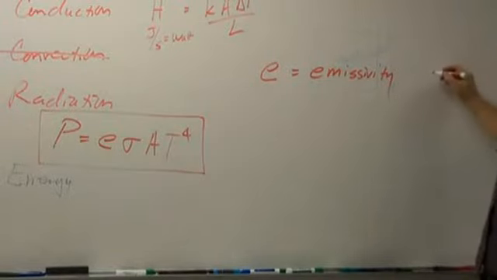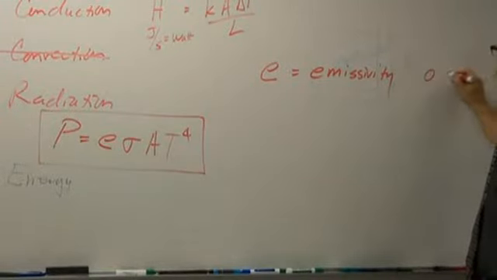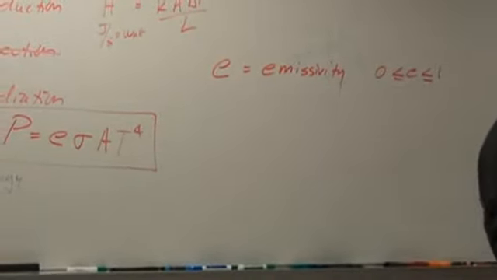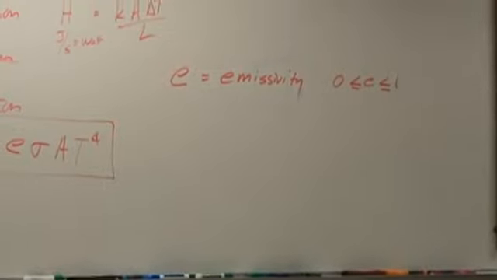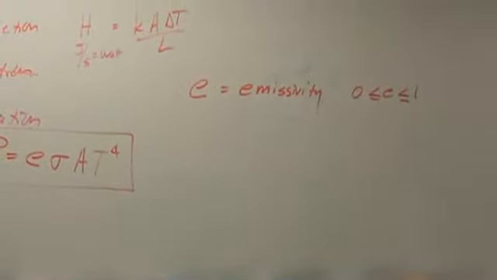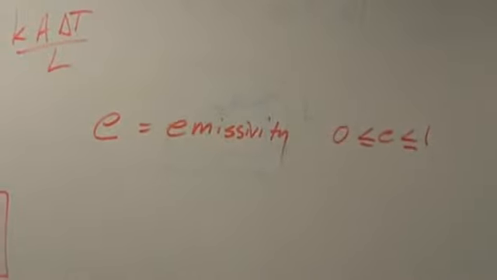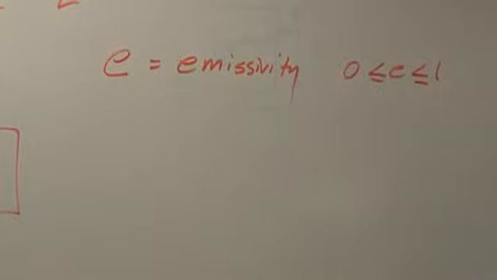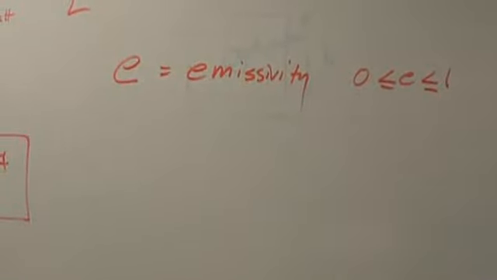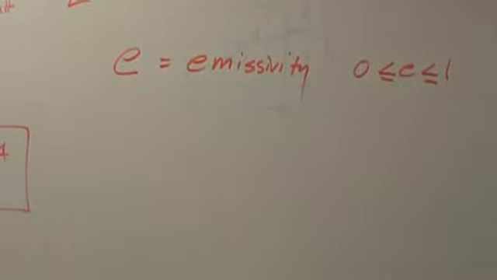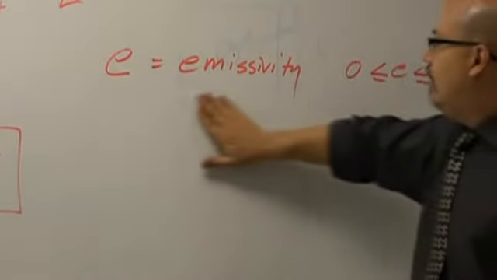So this ranges from 0 to 1. It's going to be a number between 0 and 1. An object that emits no radiation will have an emissivity of 0. An object that will emit all of its energy by radiation will have a number of 1. So they'll just have to tell you what that is.